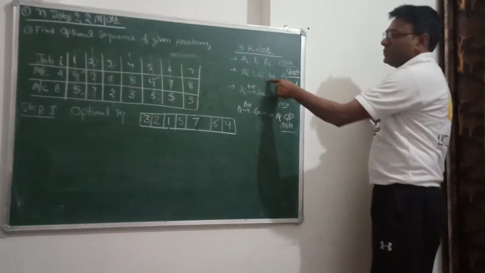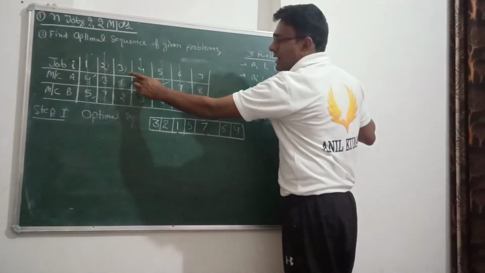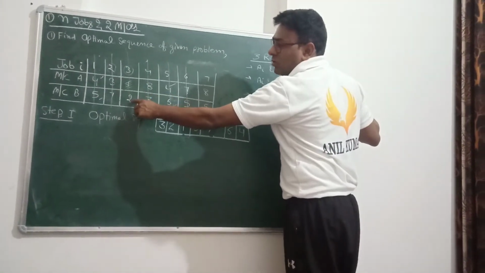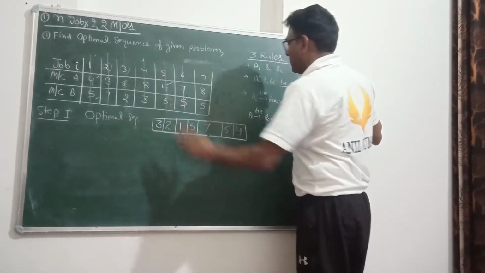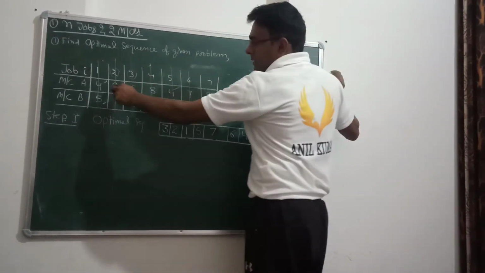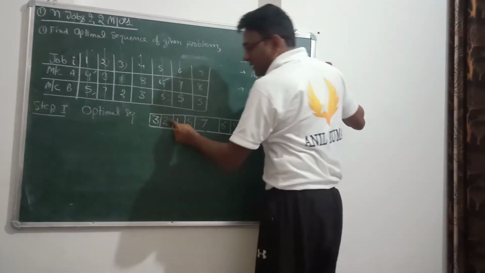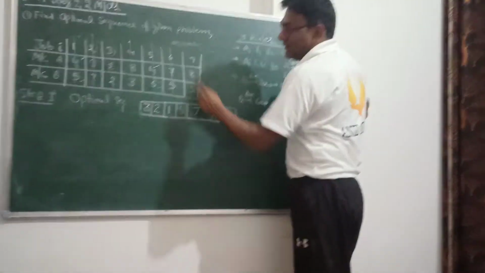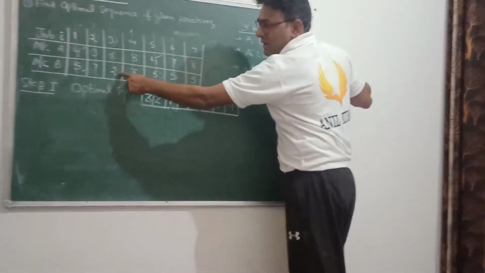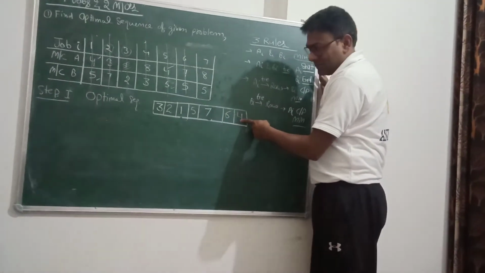Now the second rule says that if there is a tie between minimum values and they lie in different machine columns, then you have to put the job which is under machine A in the starting cell, and the job which is under machine B you have to enter into the last cell.